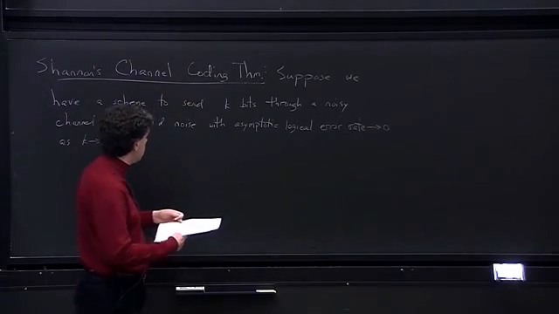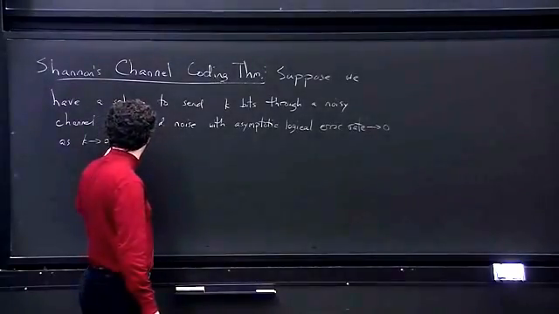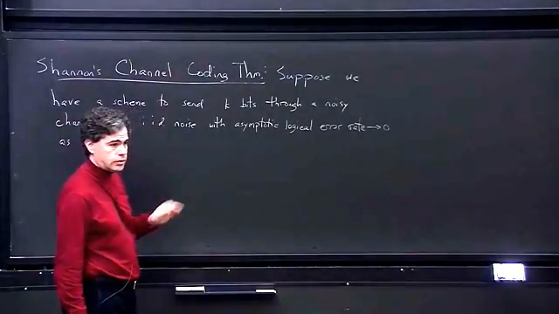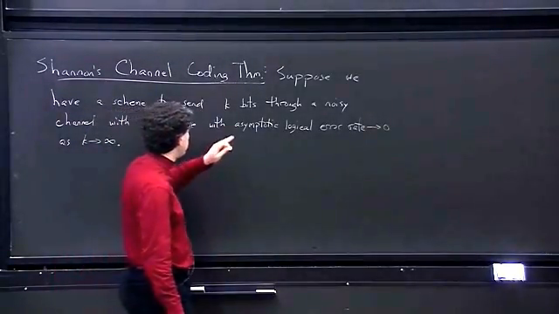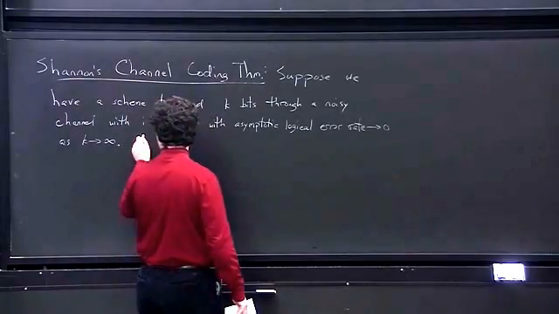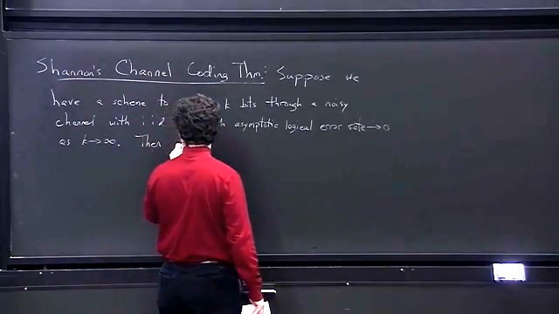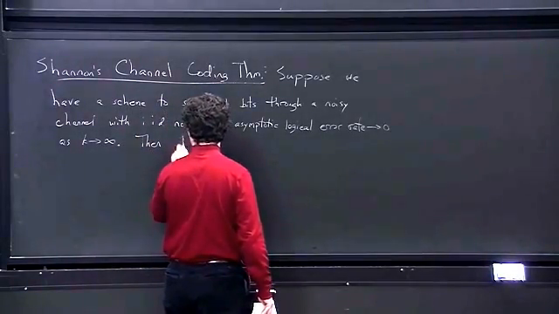So the first part of the channel coding theorem says you need at least some number of bits.